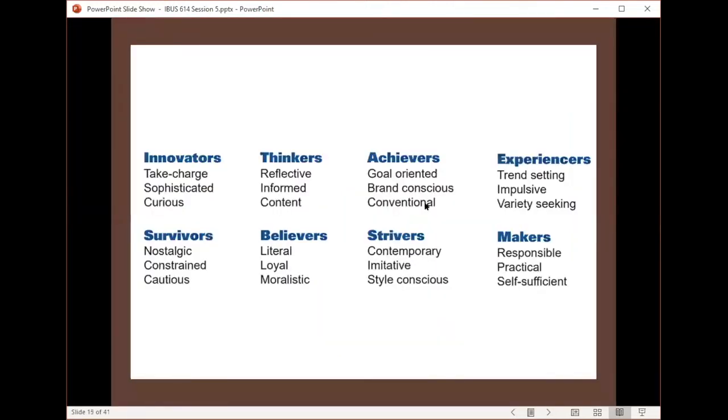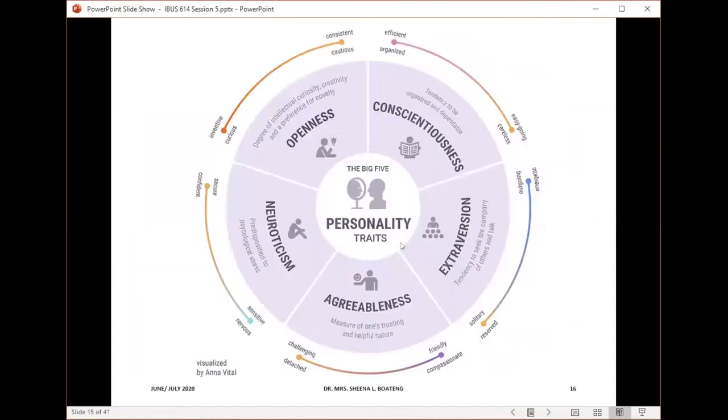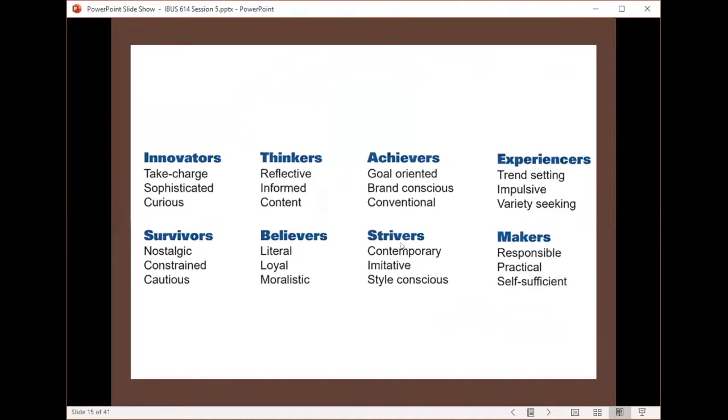So achievers are generally goal-oriented and brand conscious, because indeed they have the high resources to be able to afford these brands. And because they are goal-oriented and brand conscious, they would always prefer premium products to be able to demonstrate their success to their peers and people within their social circle, because they are achievers and they have high resources to back that level of achievement, right?